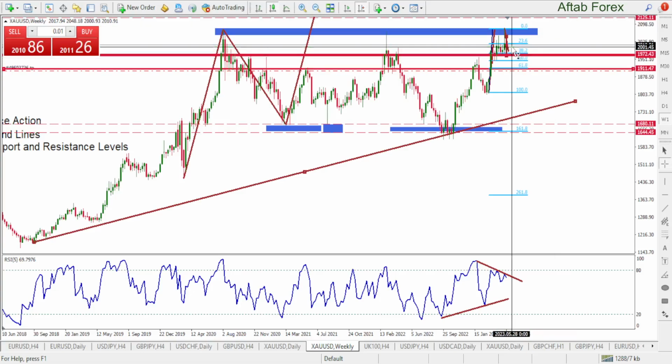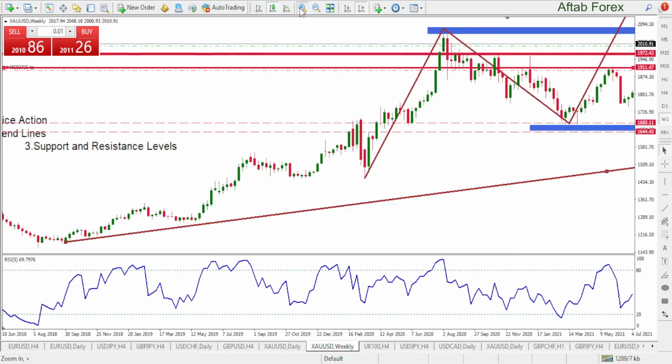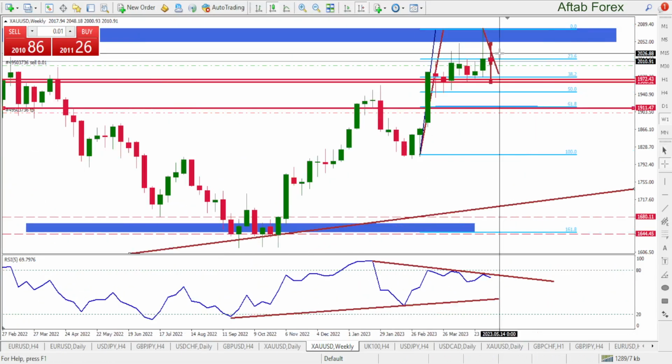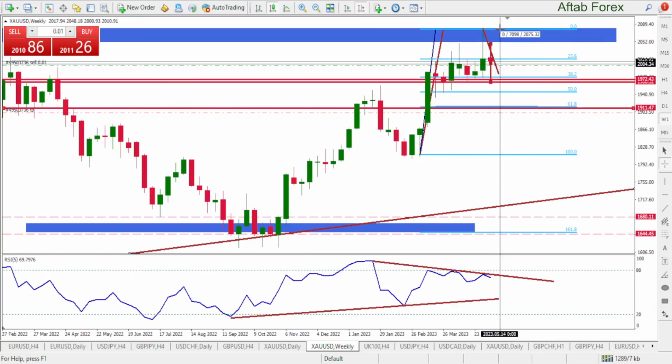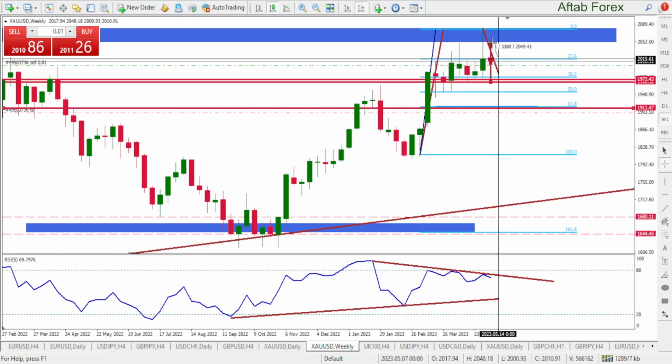If before that, the next week, it opens and something like this happens, it goes up first and goes down and then closes in the middle, I still will not be able to do anything. I just want a candle which can retest the high of the previous week, reject from there, and continue its move straight down, at least till 1972.